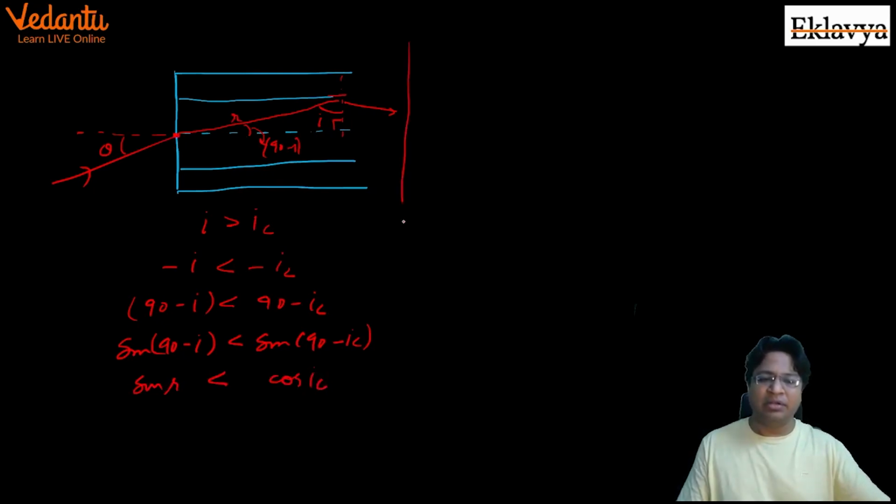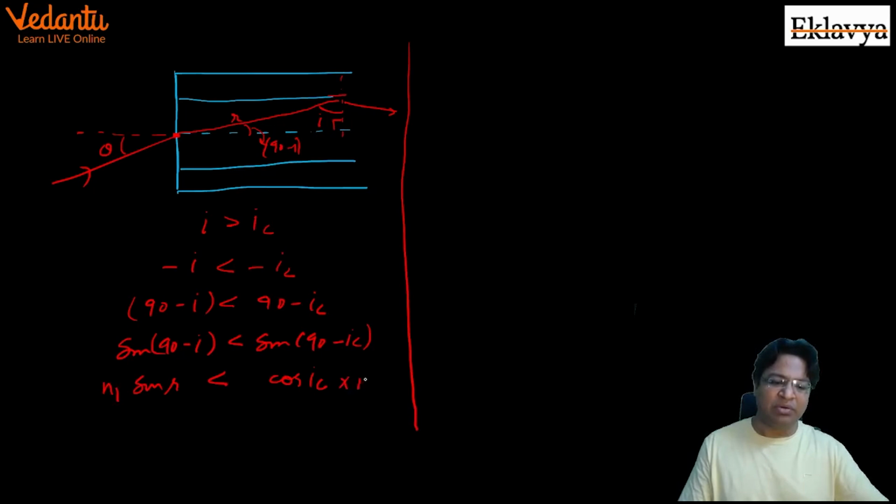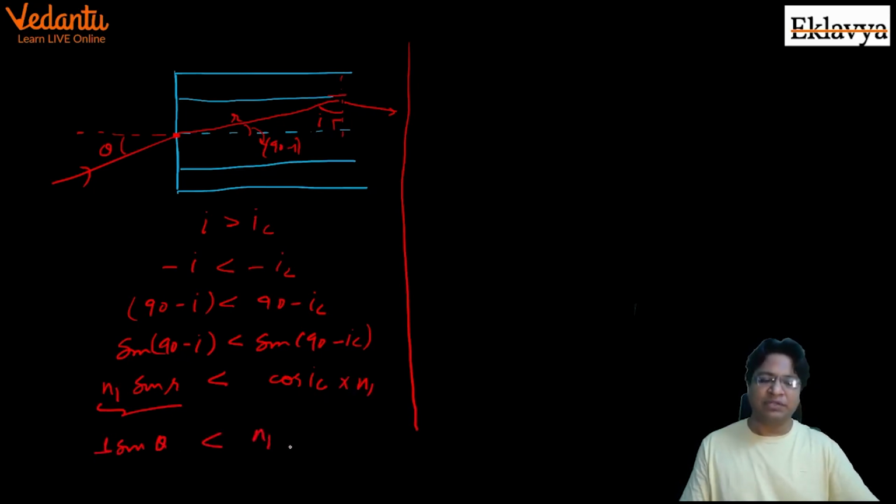Now I can multiply both sides with n1. So n1 sine r becomes equal to 1 times sine theta, using Snell's law. So this should be less than n1 times cos of the critical angle.